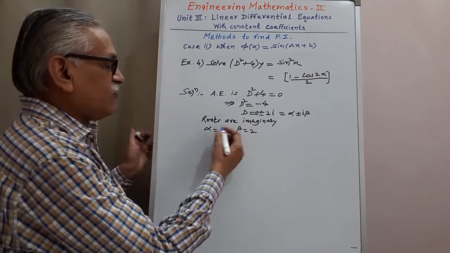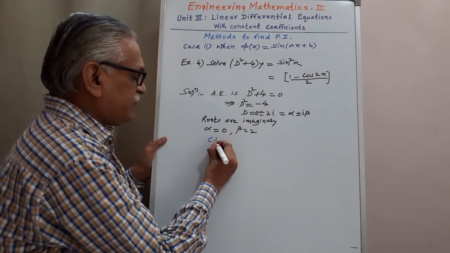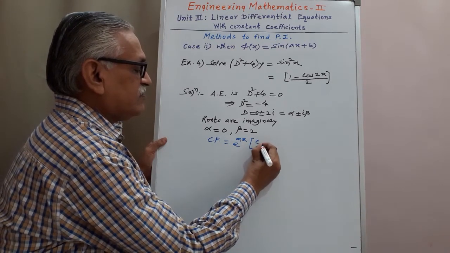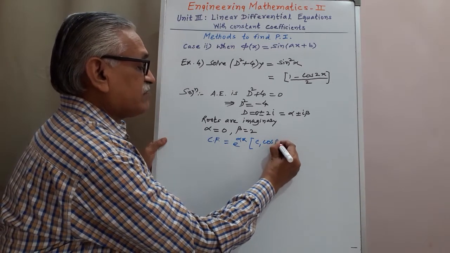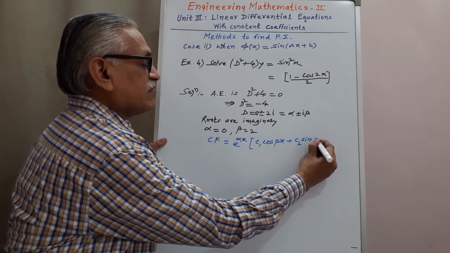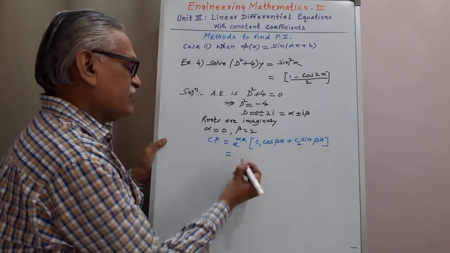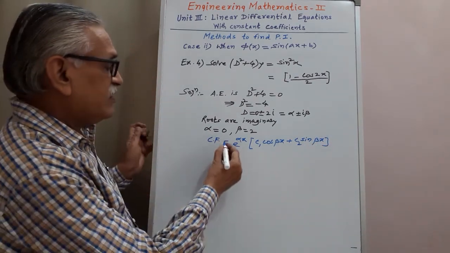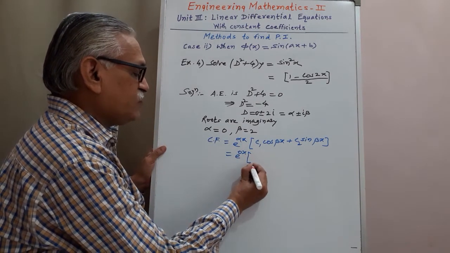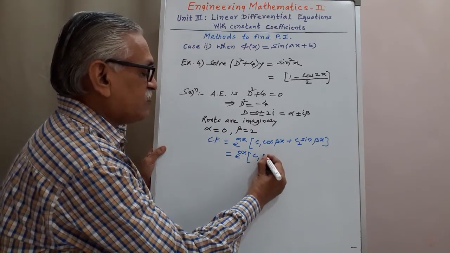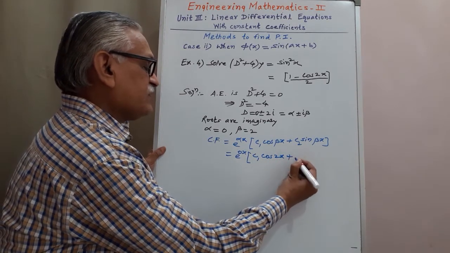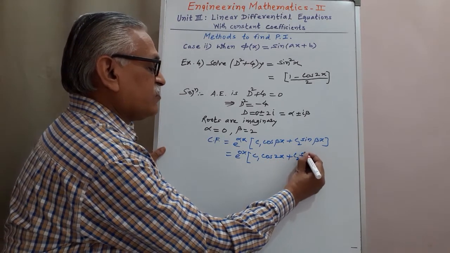Then for imaginary roots, the complementary function CF is given by e raised to alpha x, C1 cos of beta x plus C2 sin of beta x, and therefore it is equals to, alpha is here 0, therefore e raised to 0x means 1, C1 cos of beta x, beta is 2, therefore cos of 2x plus C2 sin of 2x.